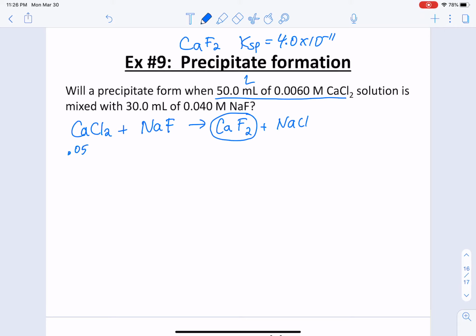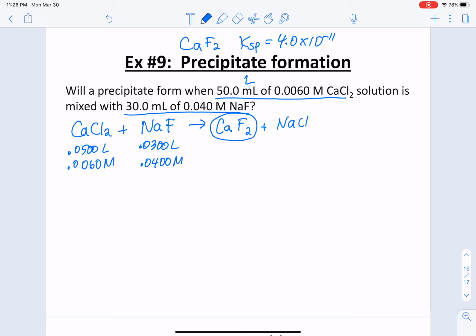So it's 0.05 liters of calcium chloride in a 0.006 molar solution. For sodium fluoride, it is 30 milliliters or 0.03 liters of a 0.04 molar solution.